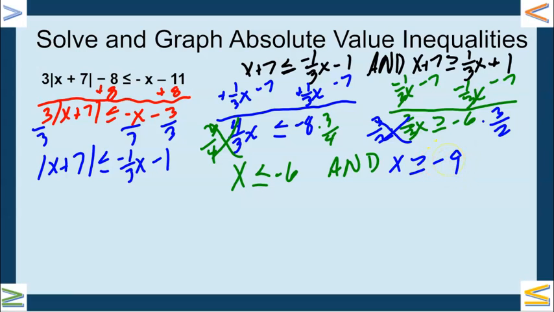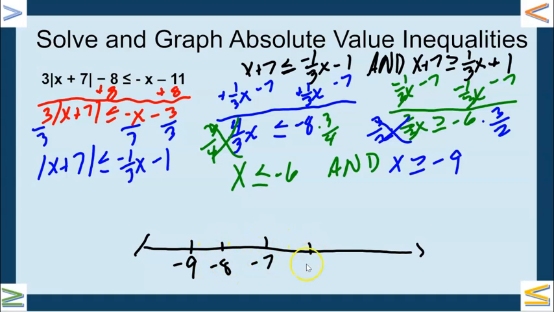So now that we have our solutions, we can now graph it on a number line. And I'm going to have -9, -8, -7, and -6. Now, since this has the equal to part, it can equal our solutions. So I'm going to have a filled in circle at -9, a filled in circle at -6.